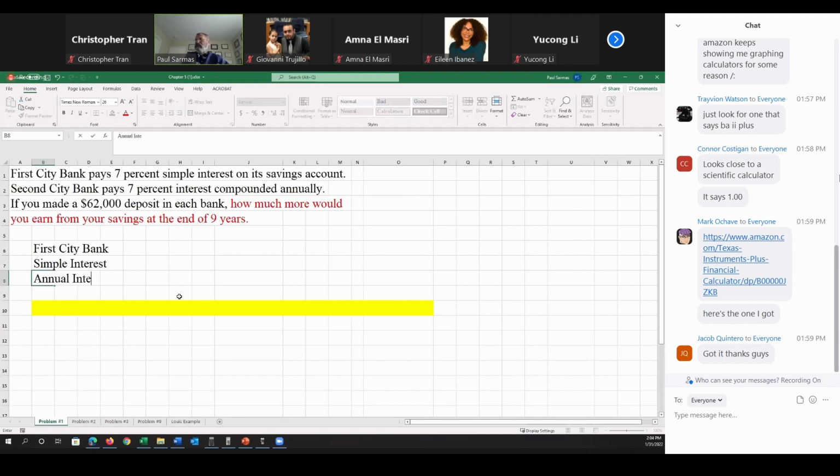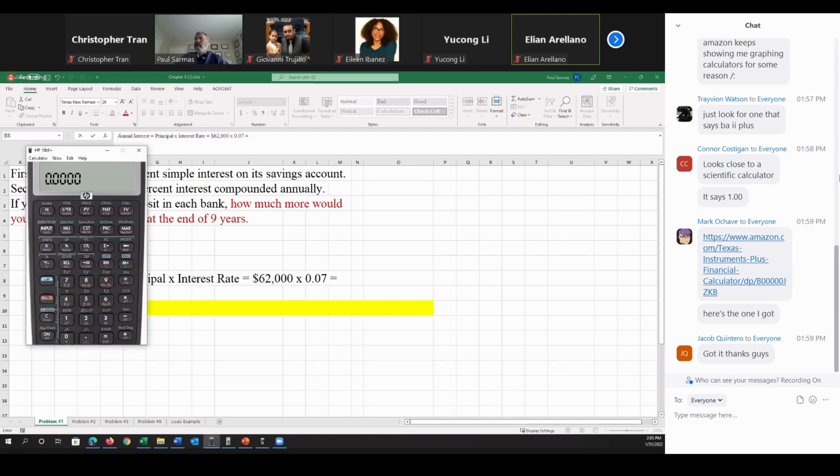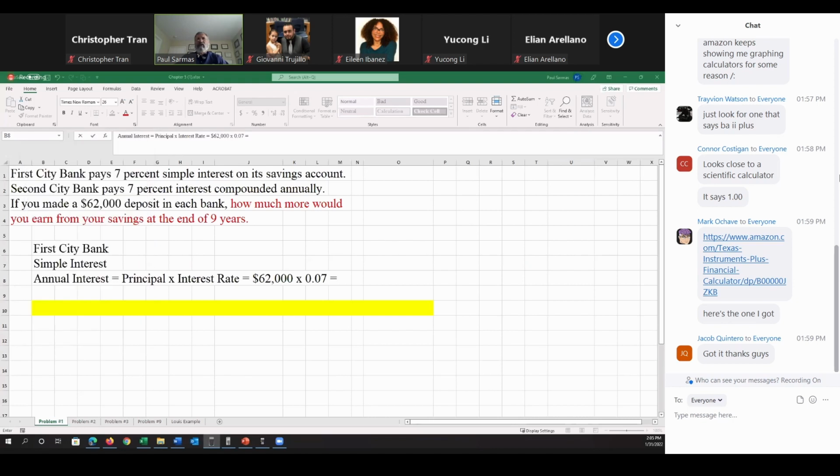Annual interest will be your principal times interest rate, meaning you take $62,000 and you multiply it by 7%.